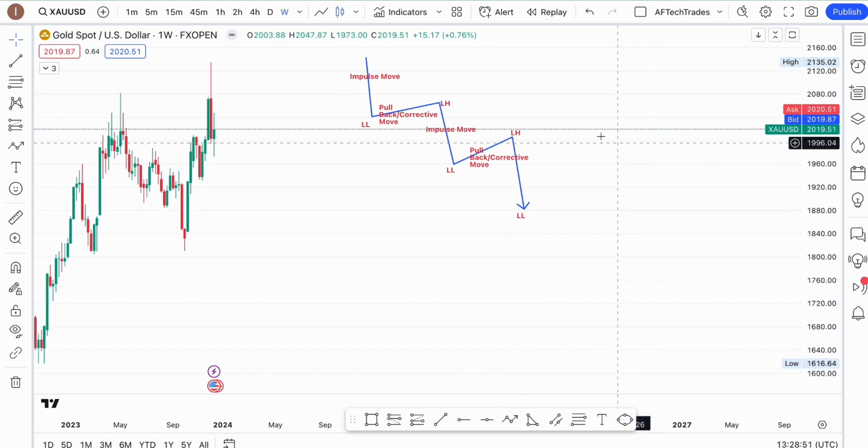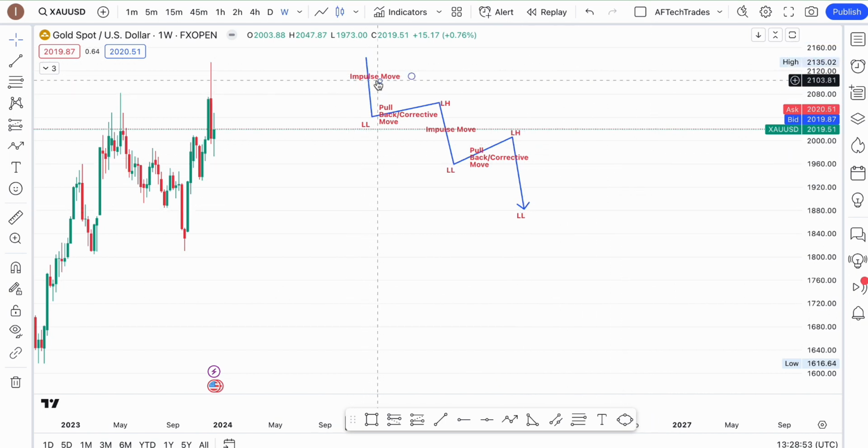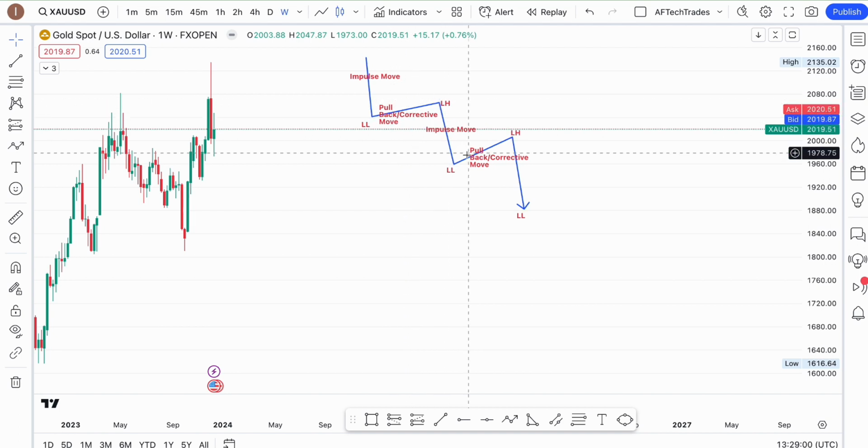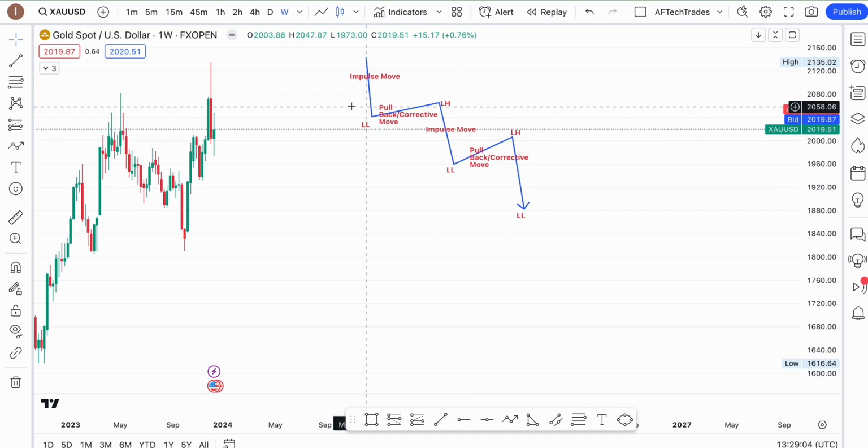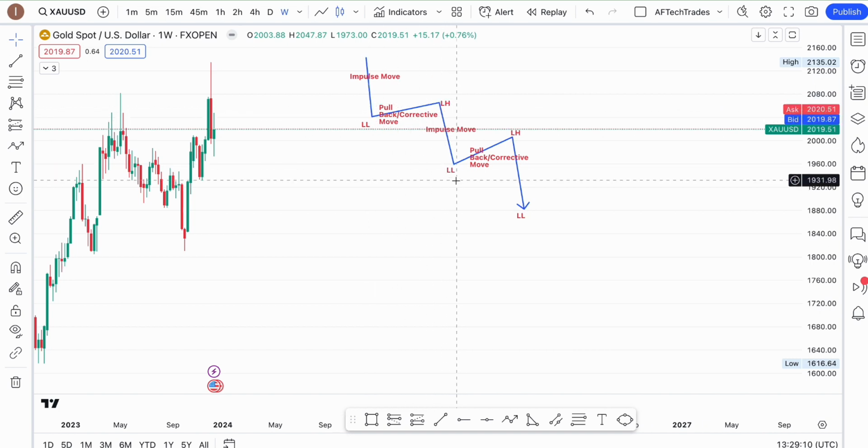Similarly, in a downtrend, you have your impulse move, right? You have your pullback, which is your corrective move, right? Then you have an impulse move, pullback, impulse move, right? Which is your lower low and your lower high, right?